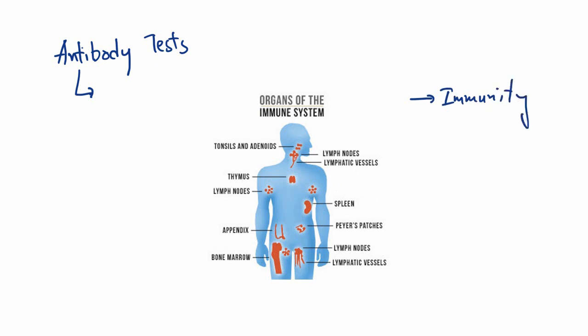Say we have a virus here, and it infects a human. Whenever a virus infects a human, the natural response of the body is to produce substances which kill the virus.